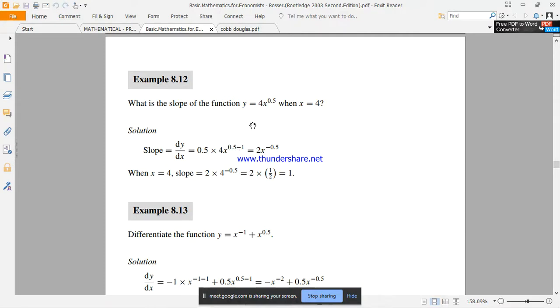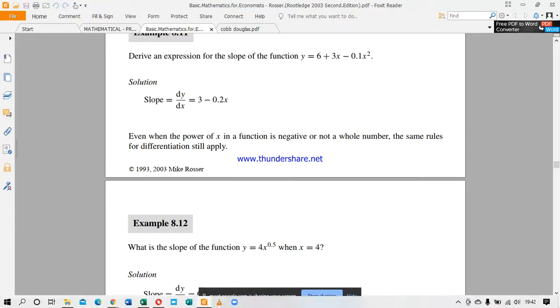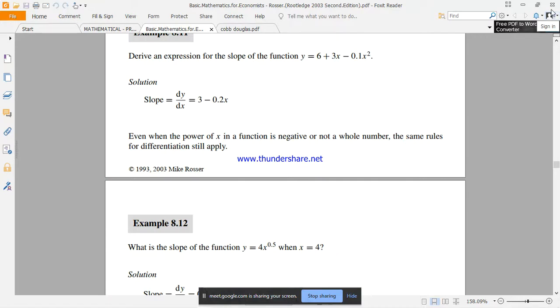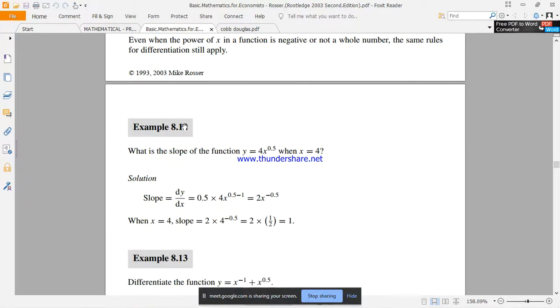Okay. Thank you. So let me restart in case some need to know which one I was solving. So I'm saying this one, 8.12. The question is, let's find the slope of this function y is equal to, please get a pen and a paper and write what I'm talking about, because the Jamboard is misbehaving today. So I've got 4x raised to the power 0.5. I believe you have written that.